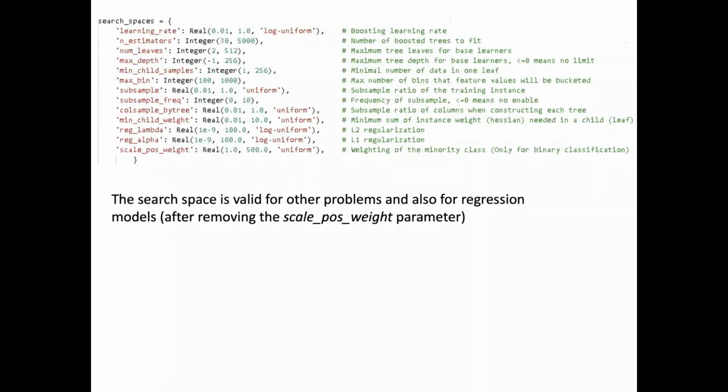And finally, the last part of the recipe is the search spaces. Here you have a number of hyperparameters for LightGBM that we know are very effective and important to optimize. First of all, you have the learning rate.